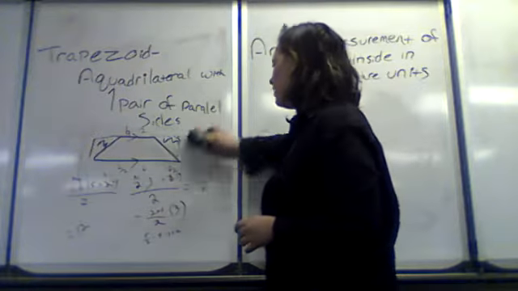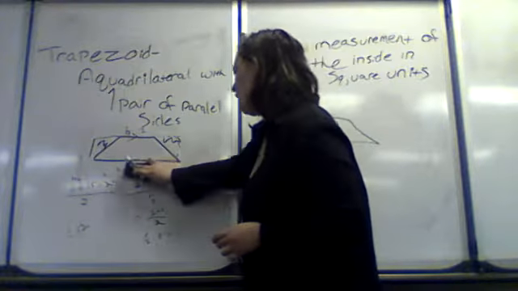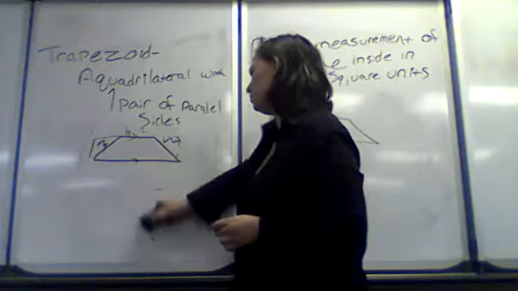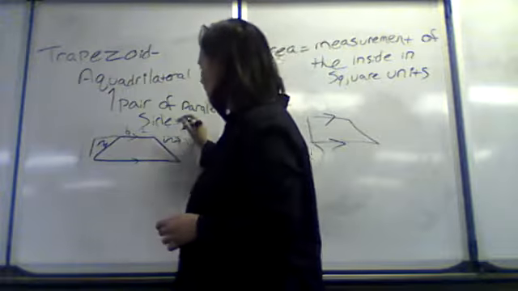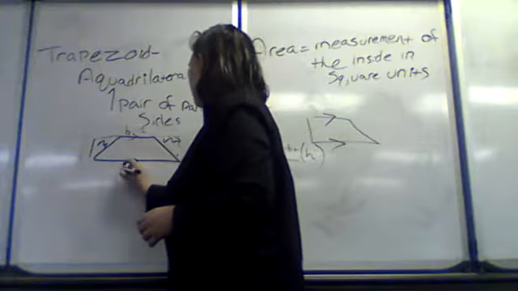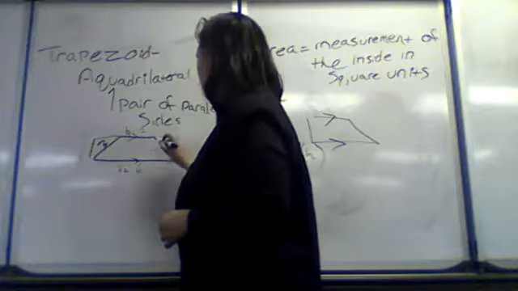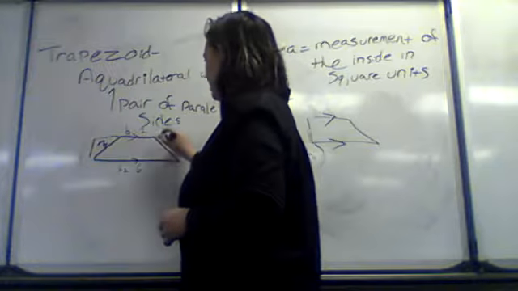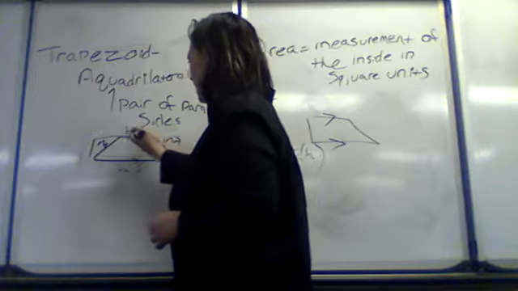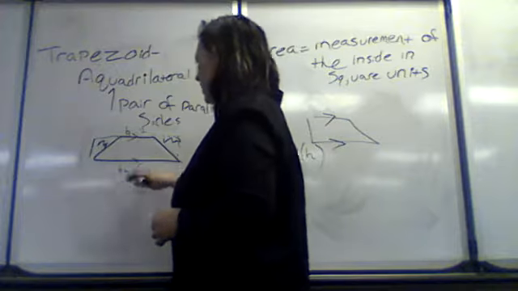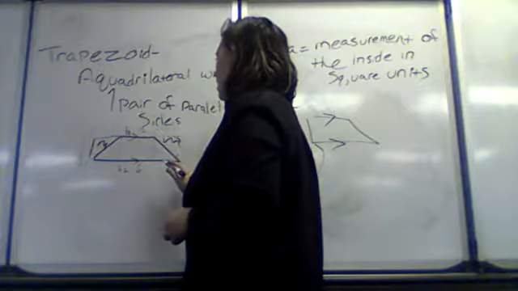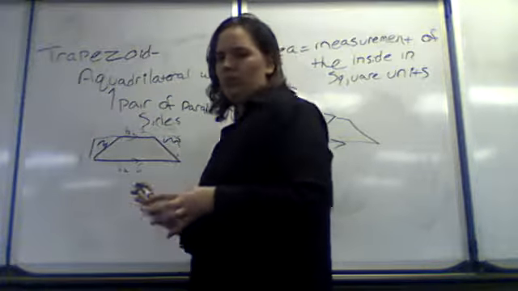Now, there is a second way to solve, and it's a bit more complicated, but some people choose to look at it this way. So long as you know your bases, some people will take the height here and turn this into a square and solve for that, and then treat these two as separate triangles.